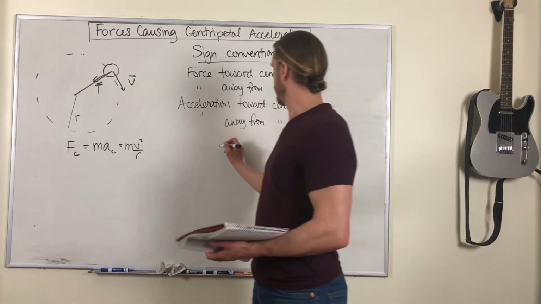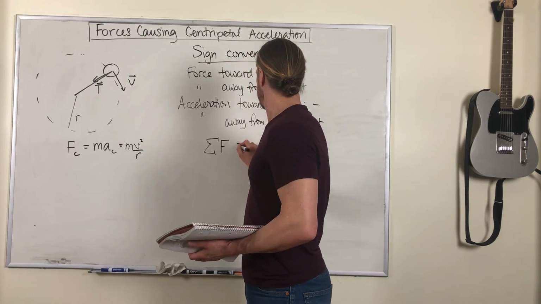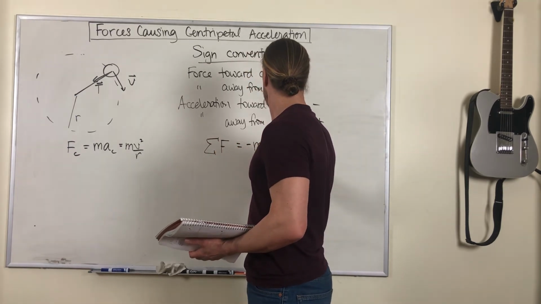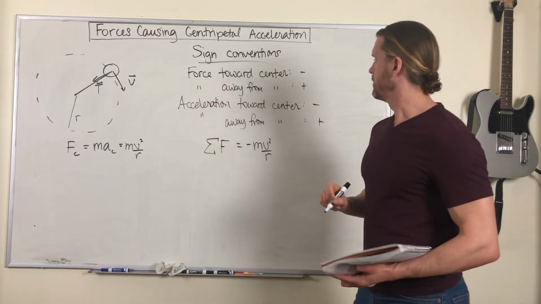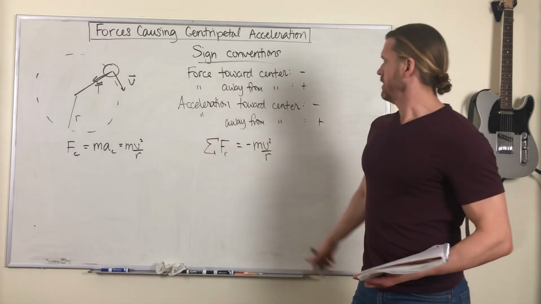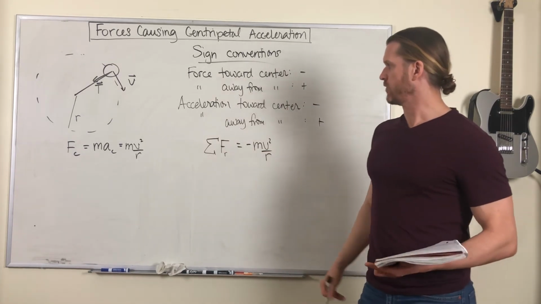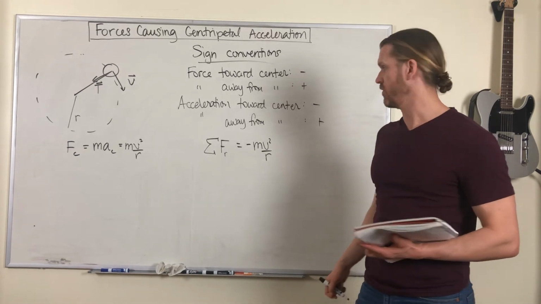So with those signs, we can write Newton's second law like this. Sum of the radial forces equals minus m v squared over r.